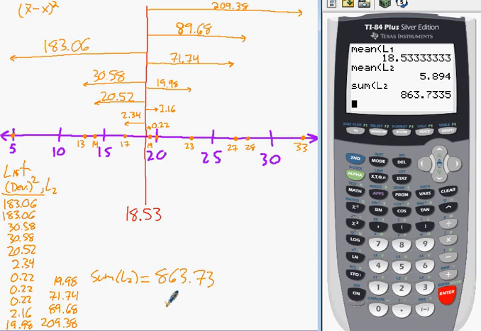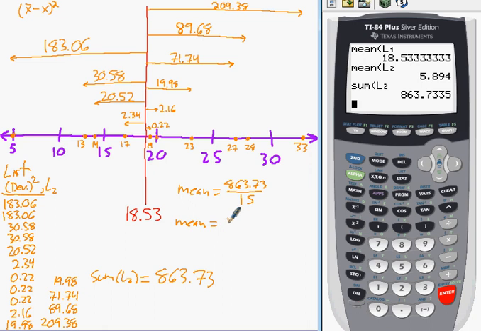This is where we're getting into the difference between standard deviation and sample standard deviation. Because if we want to now average all 15 of these, the mean would be the sum of all of them divided by the number of them, which is 15.